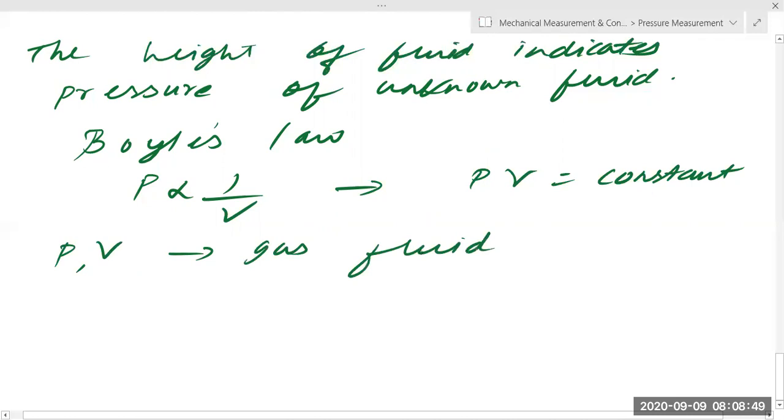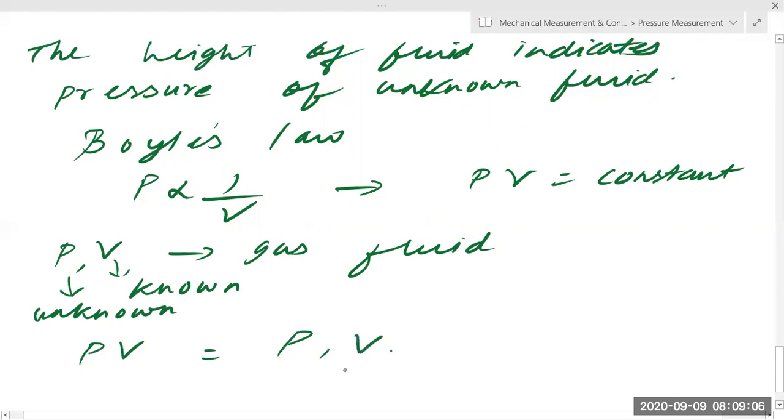What do we know in this? This is known and this is unknown that we want to measure. Now we can directly say PV should be equal to P1 V1, or you can even say PC VC. This will be simple. Now what do you mean by PC?